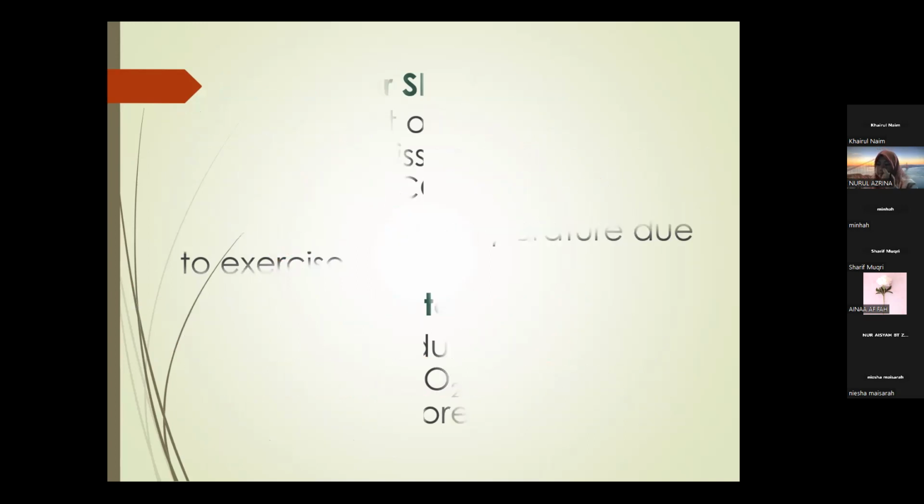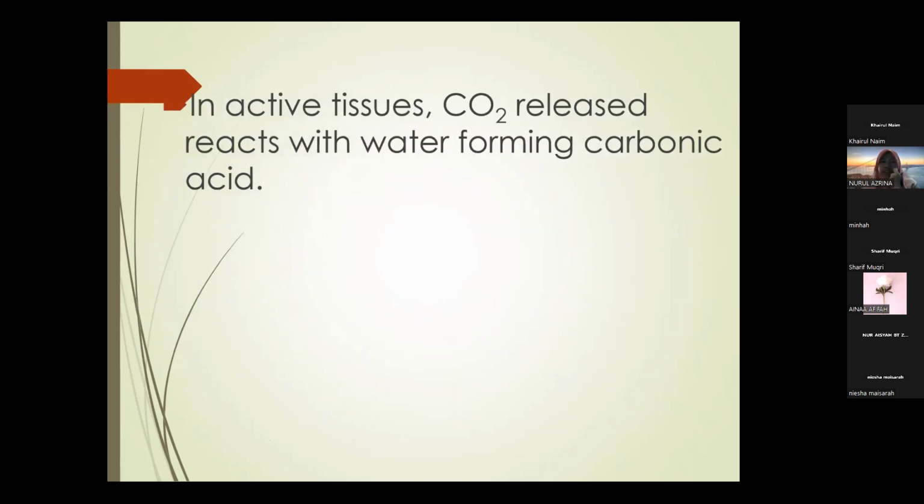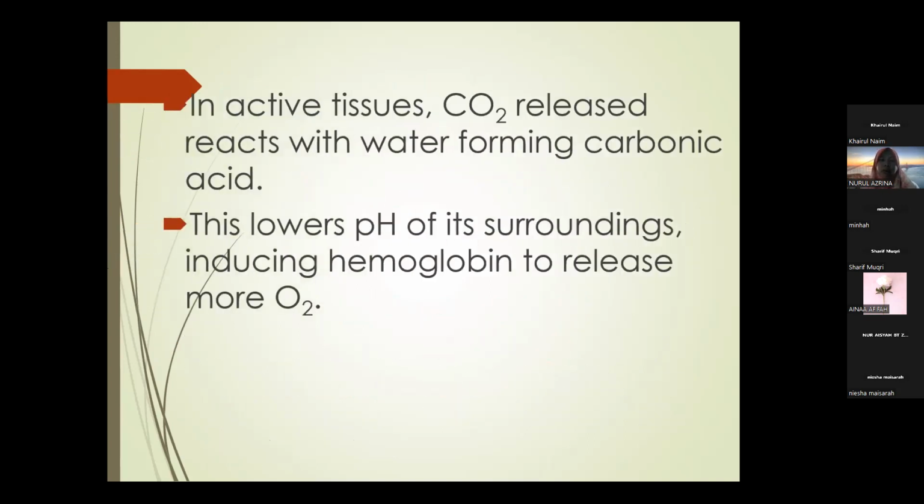Okay, right. Okay, in active tissue, carbon dioxide release react with water and form carbonic acid. So this will lower the pH of its surrounding and induce hemoglobin to release more oxygen. Okay, apa kaitan carbon dioxide dengan pH? Kan? Right? So remember, higher level of carbon dioxide.